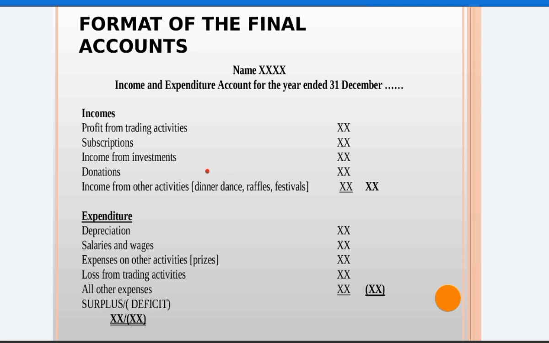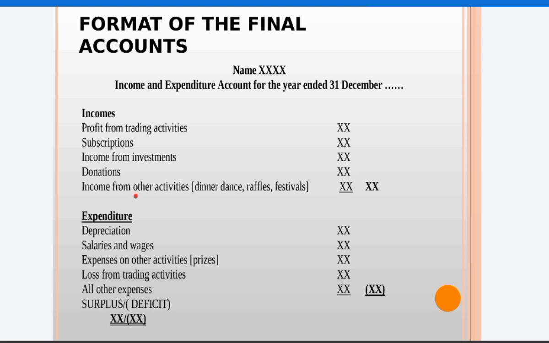Number three, you'll find that these organizations sometimes may have made investments. They may have invested in shares, they may have invested in bonds and so on. So any income that they generate from those investments, or they could have started a certain project, any income from such investments will be part of their incomes.